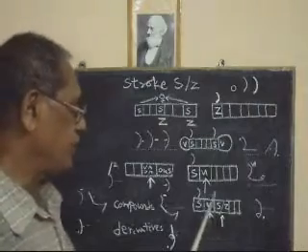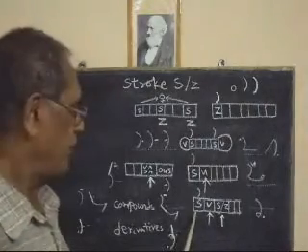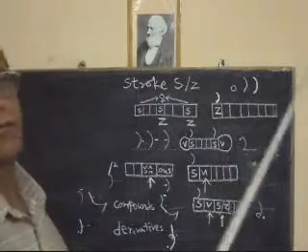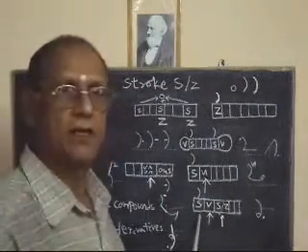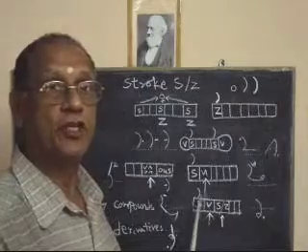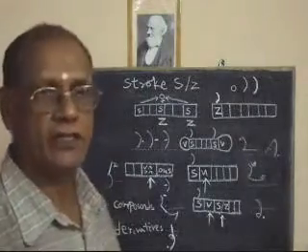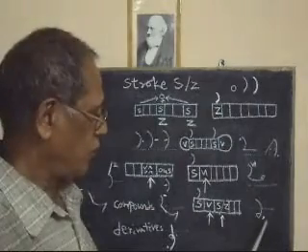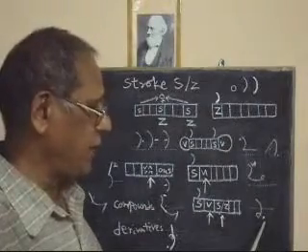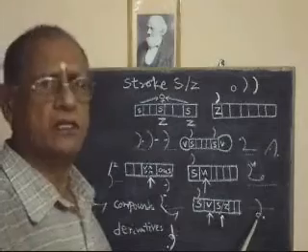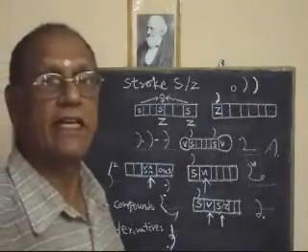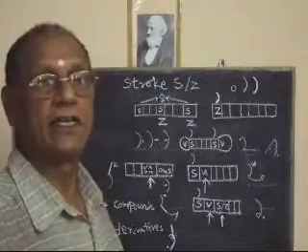Then another case. Initial S, when it is followed by a vowel and another S or Z, then this initial S should be written with the stroke form only and not the circle. Seize. So stroke S is written. It is followed by a vowel and another S or Z. It may be seize, S-C-E-S, suppose, seize.